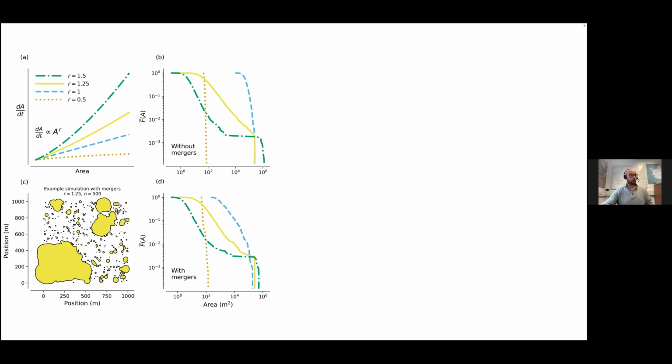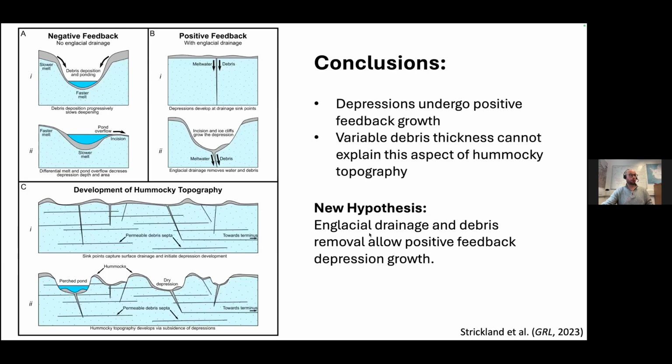So from this, we formed a hypothesis. And so the hypothesis is that we can get positive feedback depression growth if we're able to remove debris and meltwater from the depressions as they grow. And so there's some evidence to support this. Debris covered glaciers have caves within them. We know that many of these depressions drain englacially through caves.